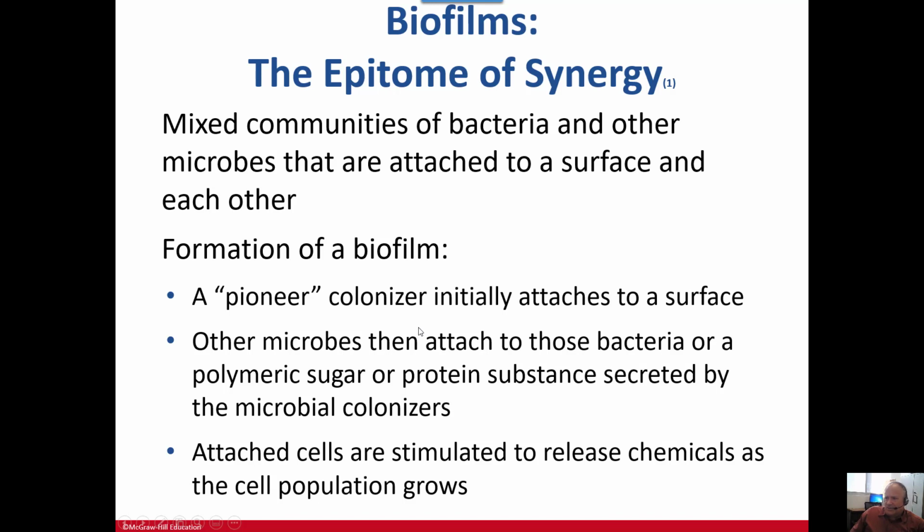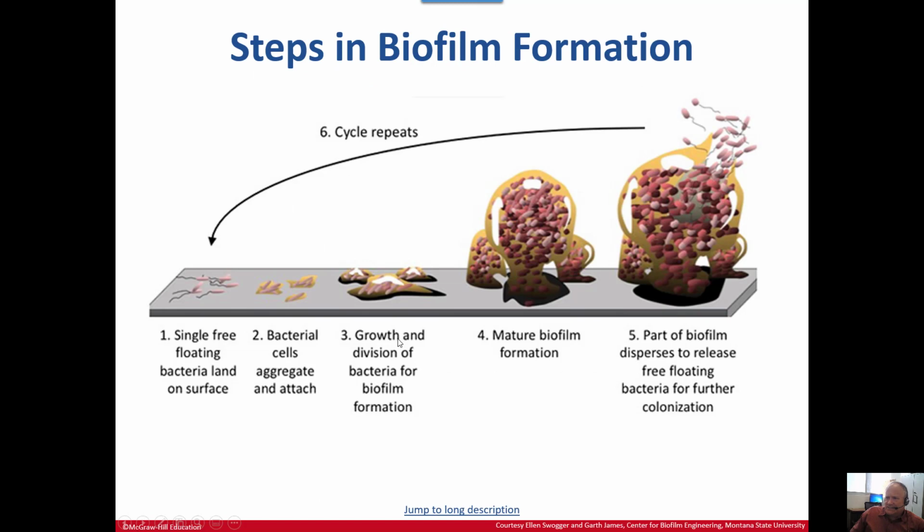So a pioneer organizer initially attaches to a surface, other microbes then attach to the bacteria or polymeric sugars or protein secreted by the colonizers. So we see this as well. And just to refresh your memory, we get the initial organisms growing at a particular site. We don't brush our teeth.